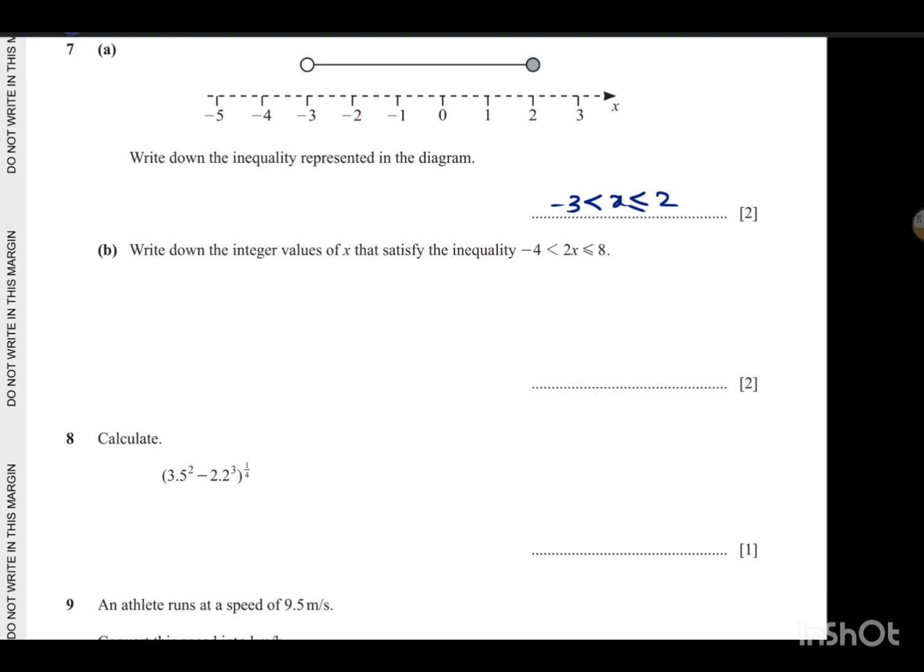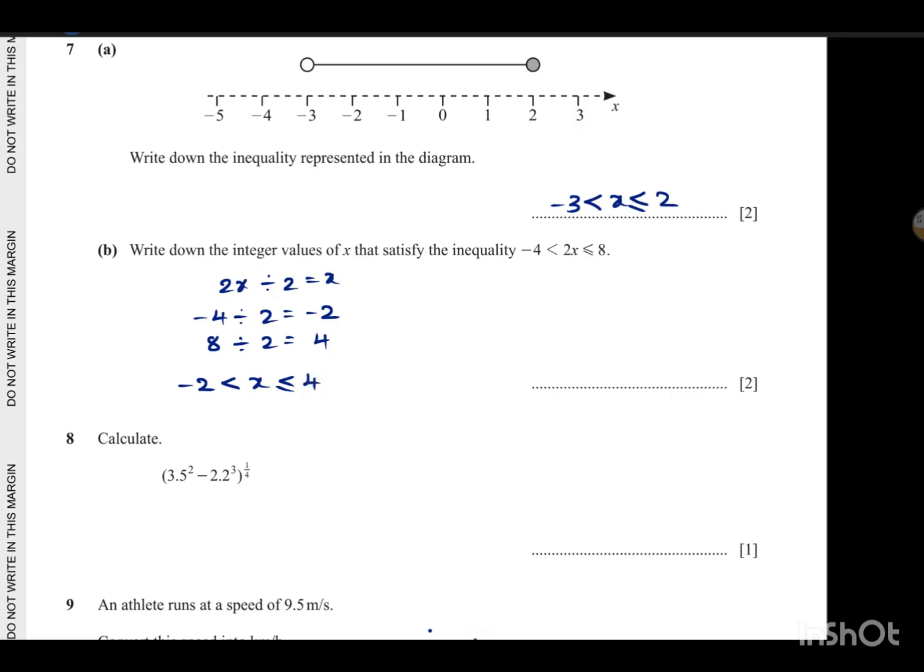You have to divide the whole thing by 2, because 2x divided by 2 is x. So minus 4 divided by 2 will be minus 2 and 8 divided by 2 will be 4. So that means x lies: minus 2 less than x less than or equal to 4.